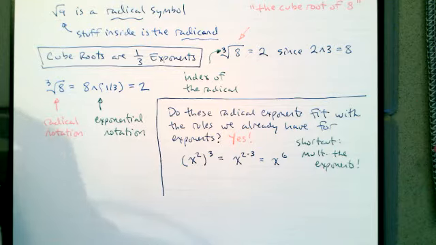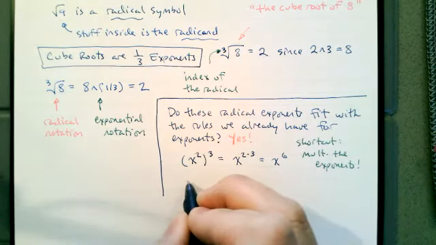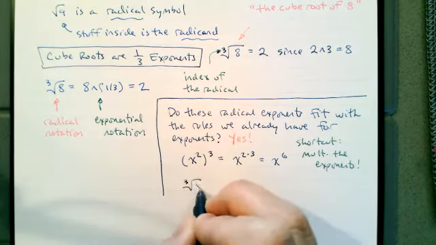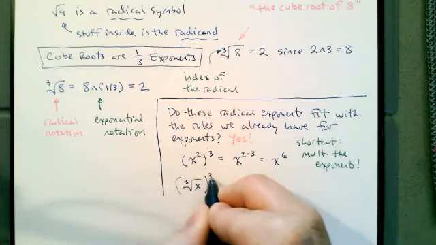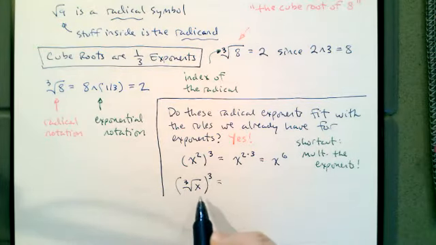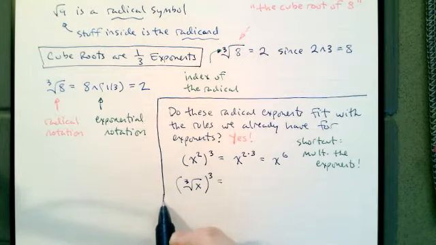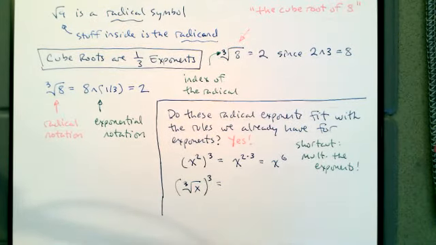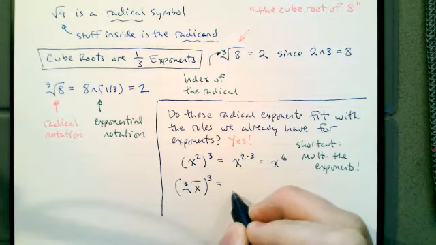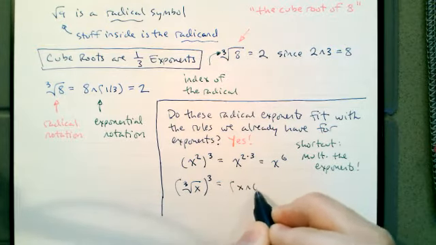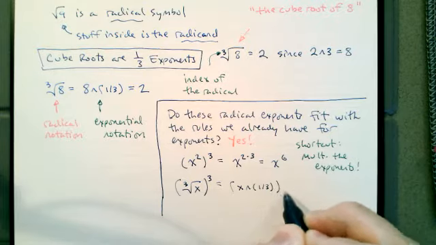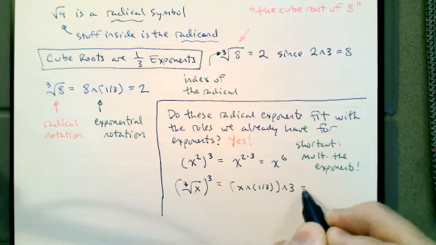So if I have a cube root of x and I cube it, we know the cube root of x is the inverse of a cube, but it should fit with our exponent rules as well. This means take x to the 1/3 power and raise that to the 3rd power.